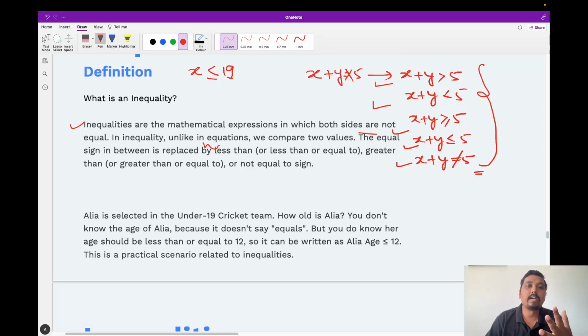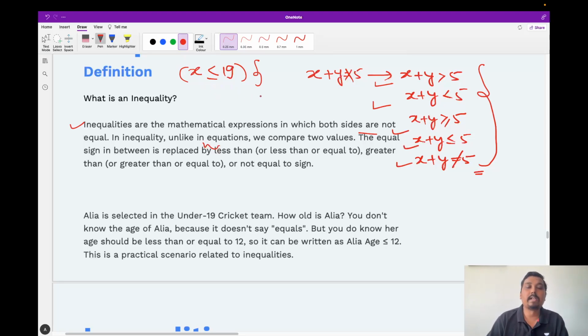If she is more than 19, she cannot be selected for the under 19 cricket team. Now, inequalities are mostly about your conditions. Algebra is mostly about your conditions. Based on your conditions, your answers are going to vary. If this is one condition that has been provided, you have got that x is less than or equal to 19, or Alia's age is less than or equal to 19.